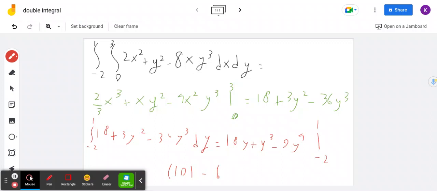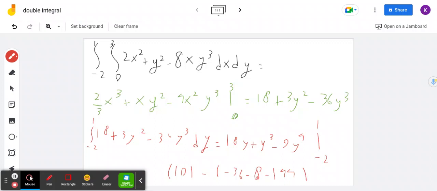When we plug in -2, what we get is -36, and then minus 8, because -2 cubed is -8. And then also minus, so we have -9 times -2 to the 4th, which is minus 144.